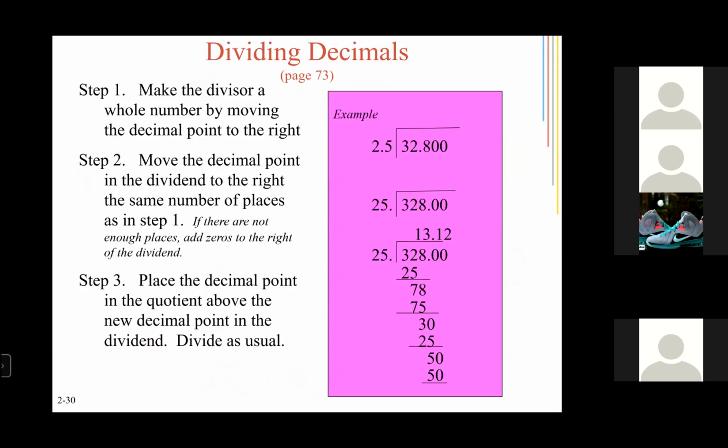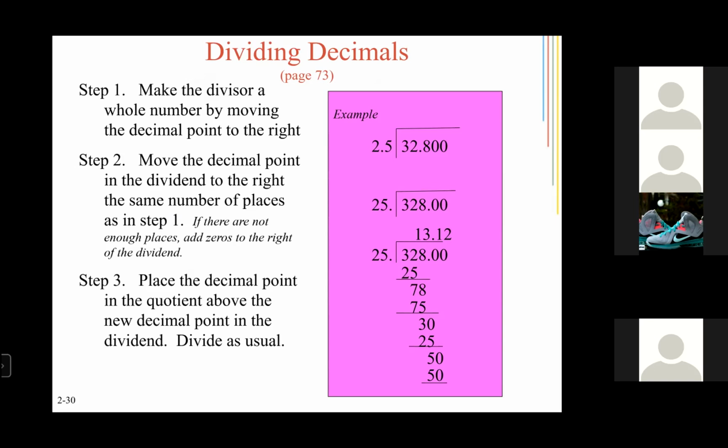Okay, now with division, they're saying to you that you have to make your divisor a whole number. And why is it that we're making the divisor a whole number? So you see that example, they give you 2.5 into 32.8.